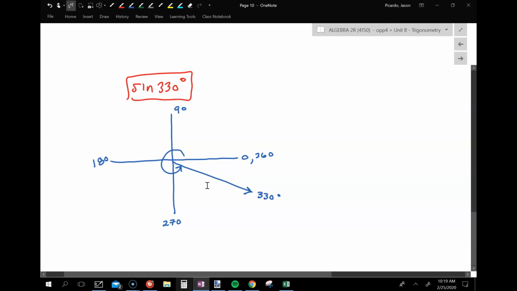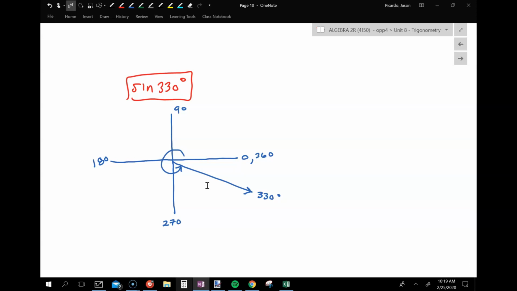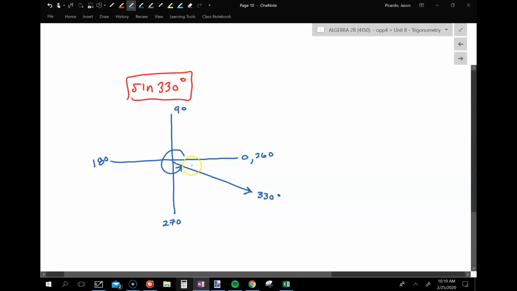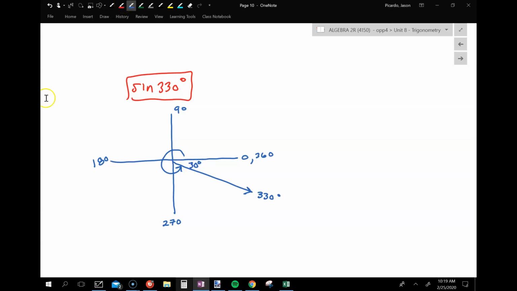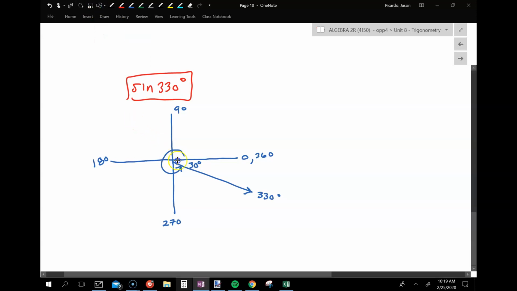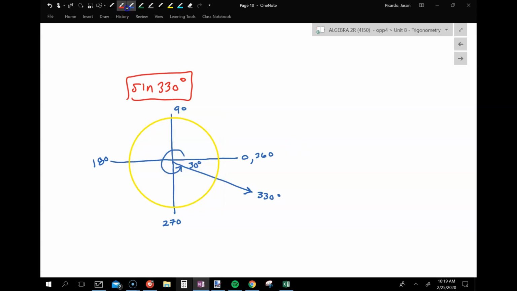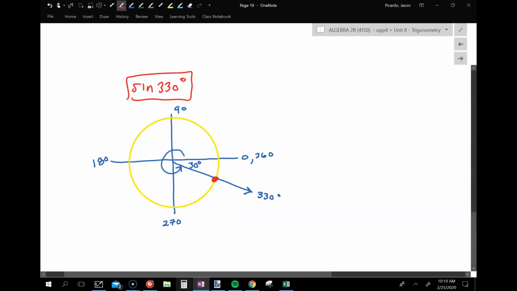Is there a reference angle here? What is the reference angle for 330 degrees? 30 degrees. Okay, now here's my unit circle. I'm just going to put my unit circle right on top of this whole picture. Unit circle. I want to know what this point is right here.